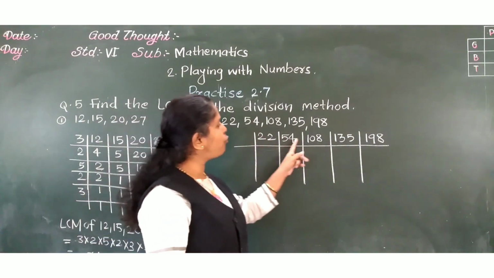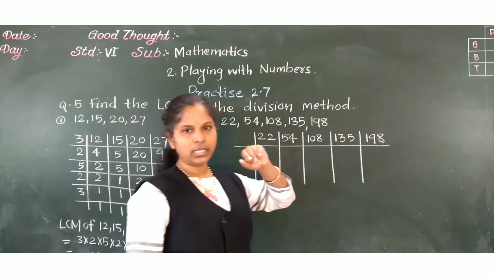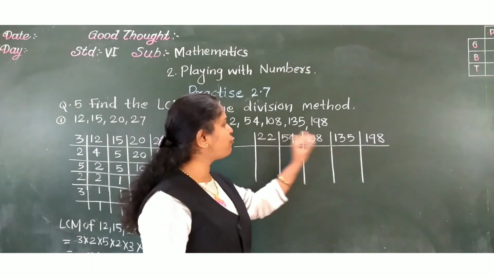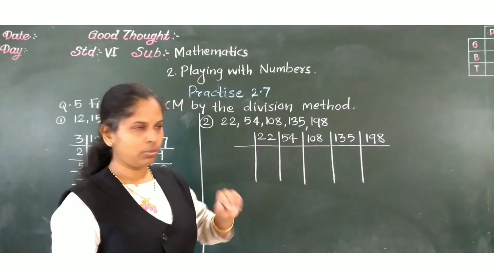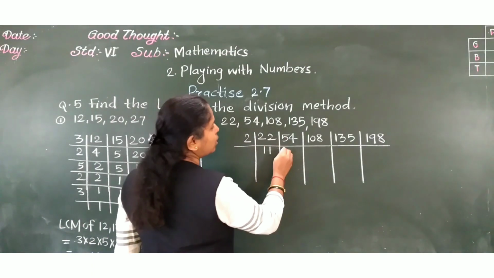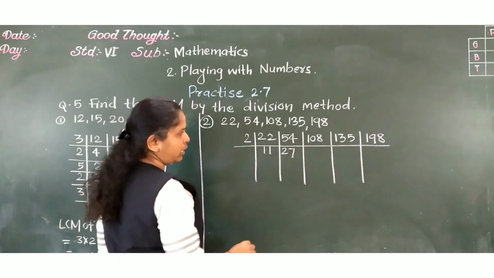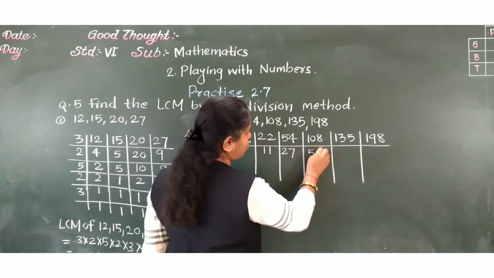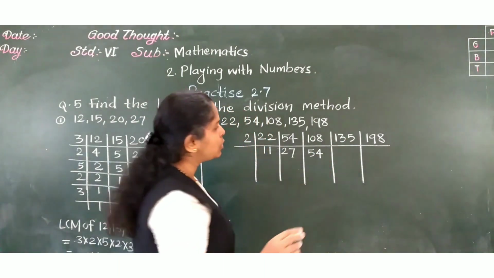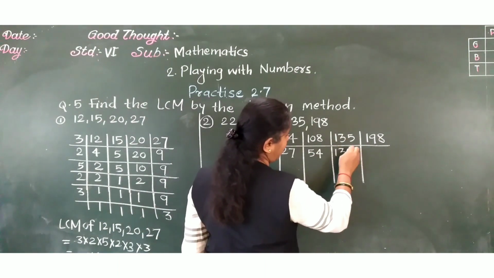See, here, except 135, all these 4 other numbers are divisible by 2. So we will divide them. 2 1s are 2, 2 1s are 2, 2 2s are 4, 2 7s are 14, 2 5s are 10, 2 4s are 8. Then 135 we cannot divide. So write as it is 135.